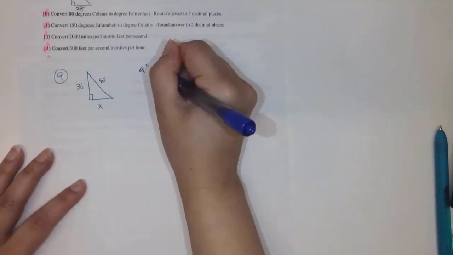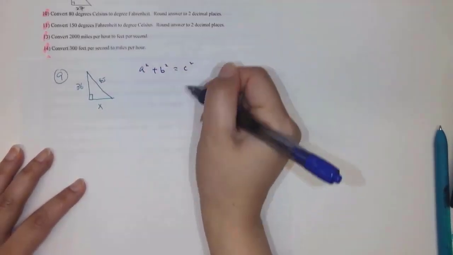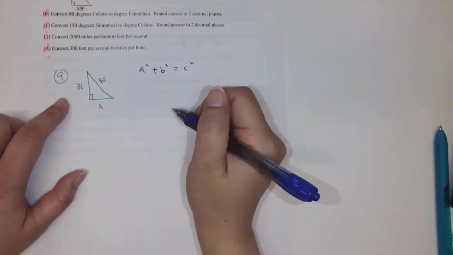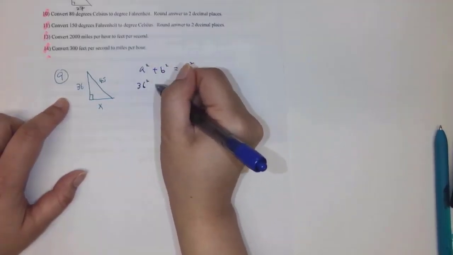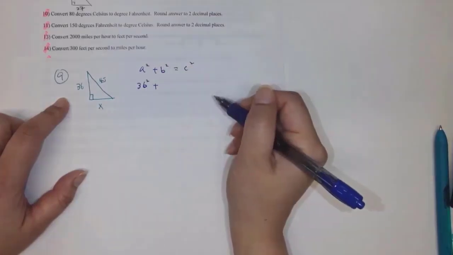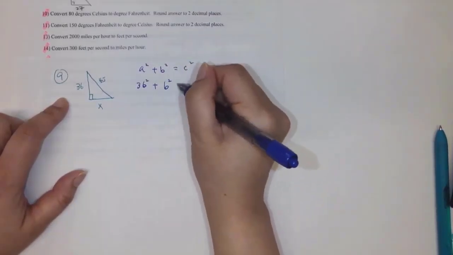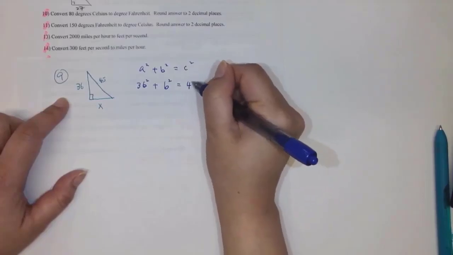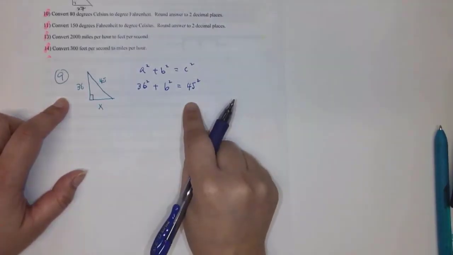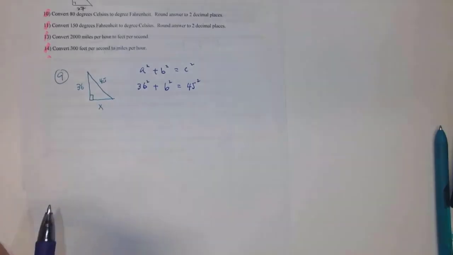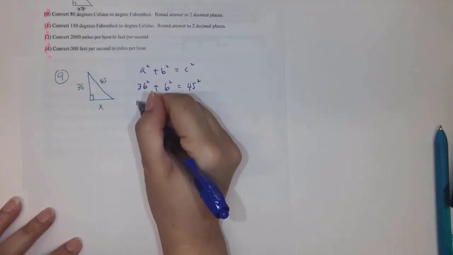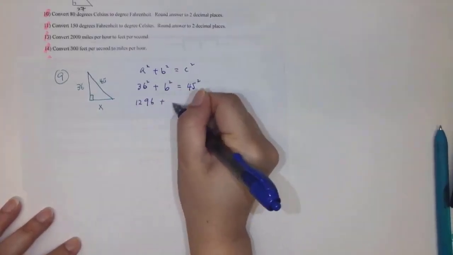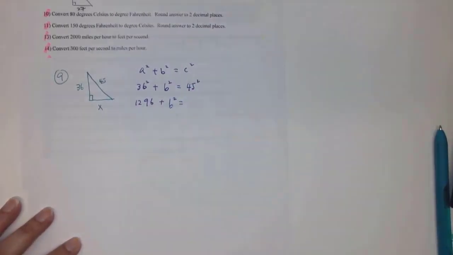Again, we're going to do a squared plus b squared equal to c squared. a can be 36 squared, plus, this time we don't know, b squared, equal to 45 squared. Some of you just ignore the square, that's not okay, okay? 36 squared is what? Anybody have a calculator? 36 times 36 is 1296, plus b squared, 45 squared.